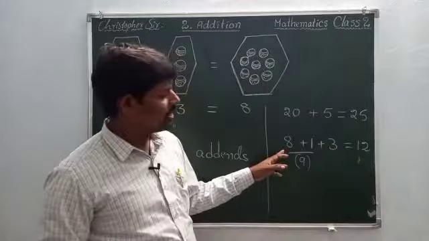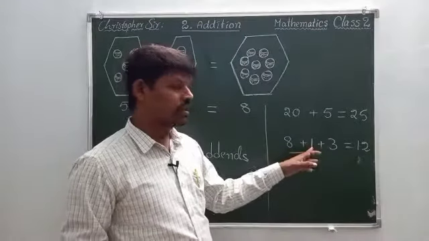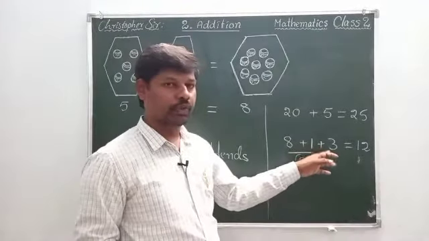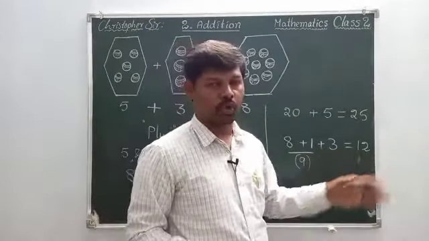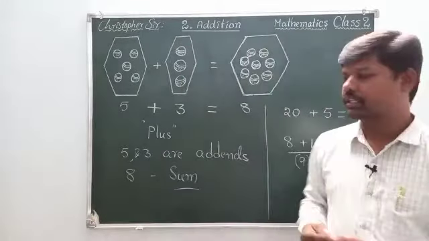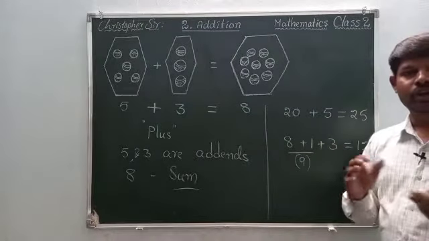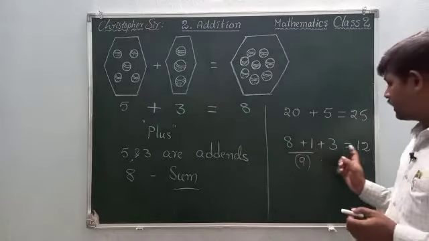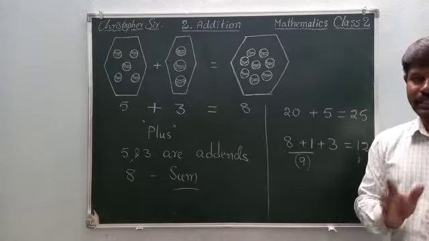So here we have 3 addends: 8, 1, 3. When you add these 3 addends, you will get the sum 12. Like that you can add any numbers. The numbers we are adding are all called addends, and the total we get is the sum.